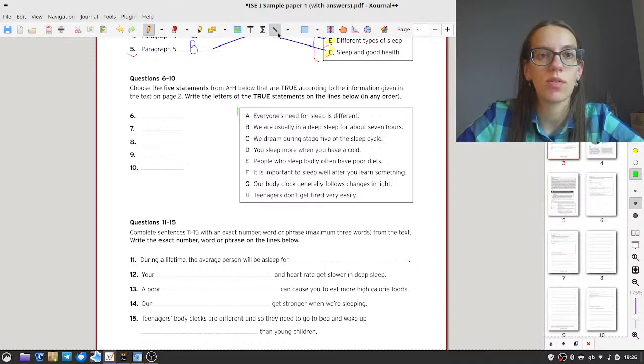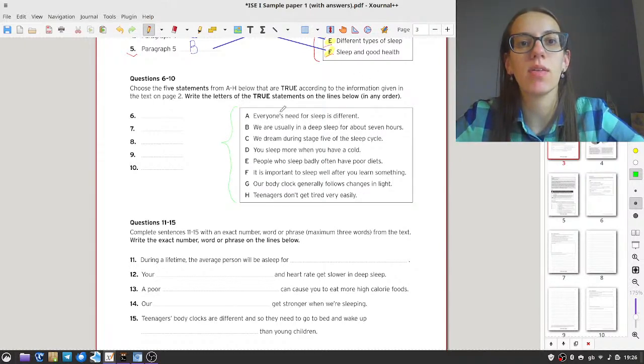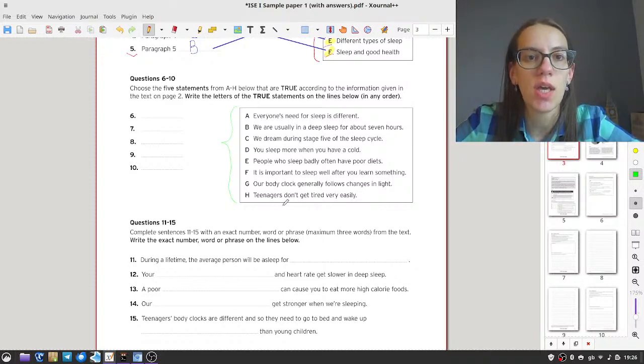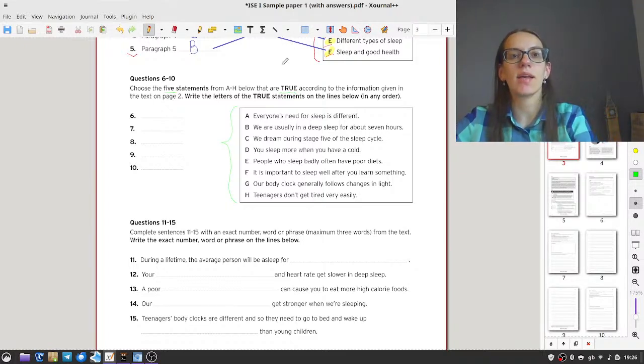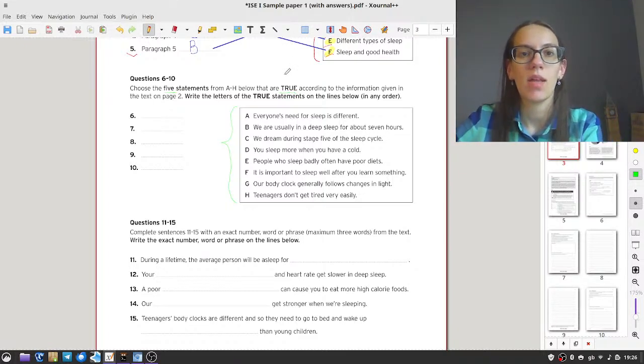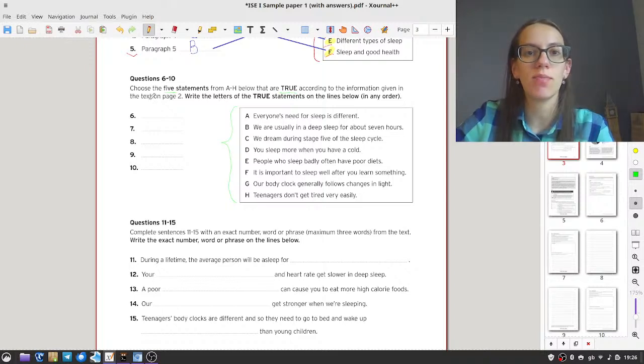So these ones, statements A through H. Choose 5 of them, 5 statements that are true according to the information given in the text. And then write the letters of the true statements on the lines in any order.